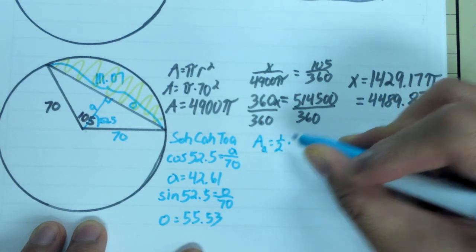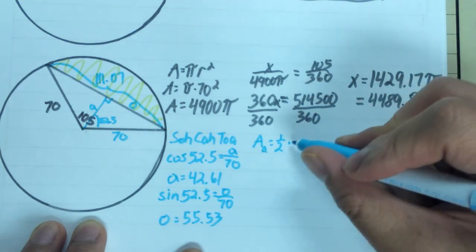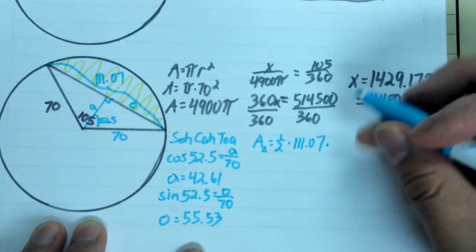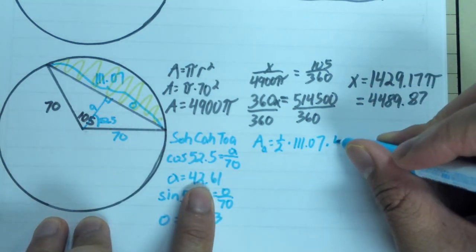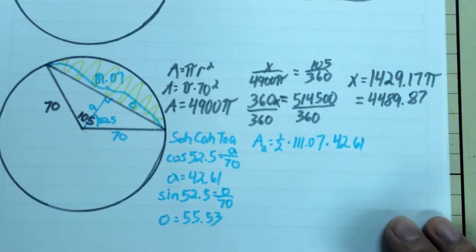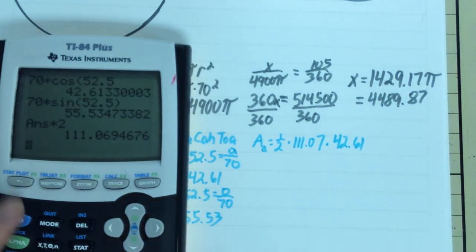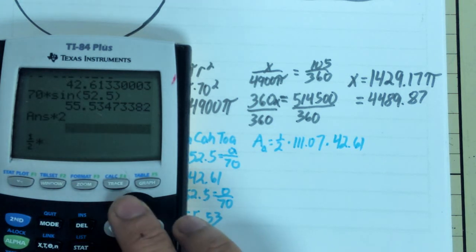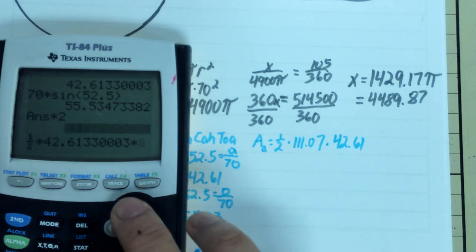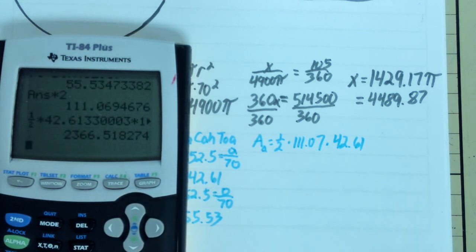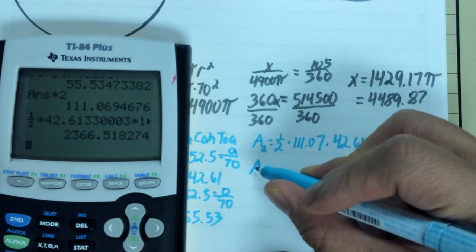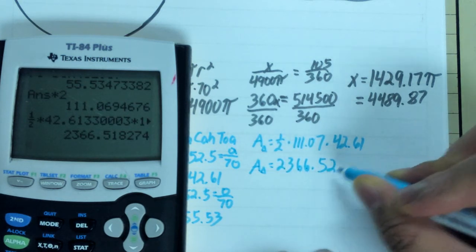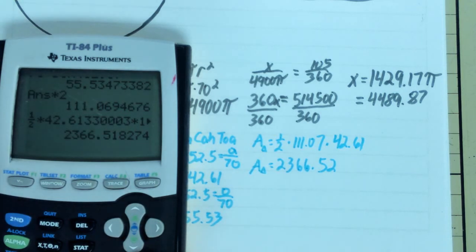So now area of a triangle equals 1/2 times base, 111.07, times height, which is 42.61. One half times my base times my height, using the calculator to grab those numbers. So the area of that triangle equals 2,366.52. You may have rounding errors here depending on how early you rounded.